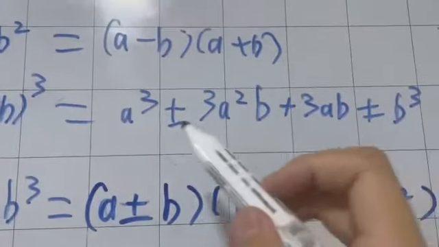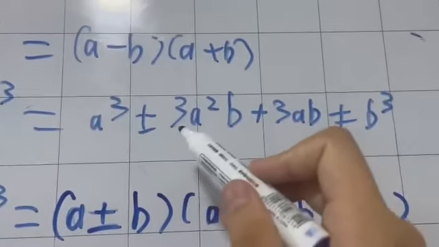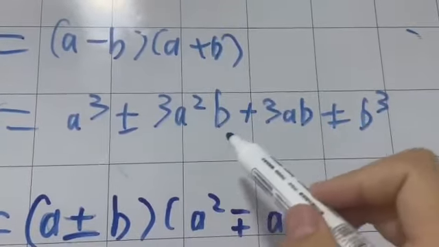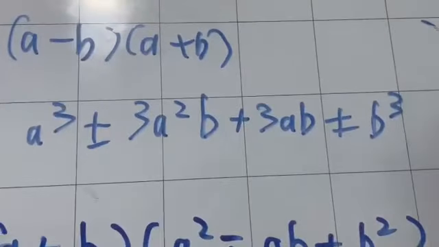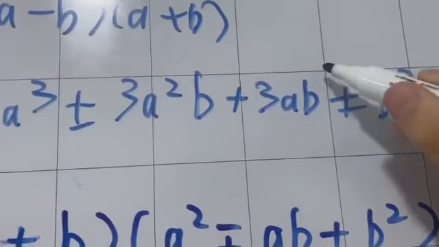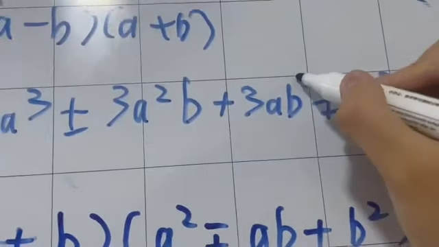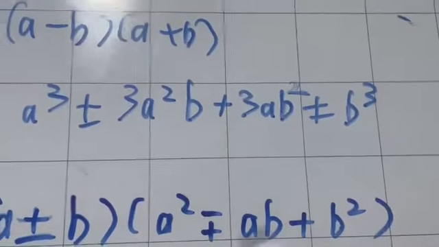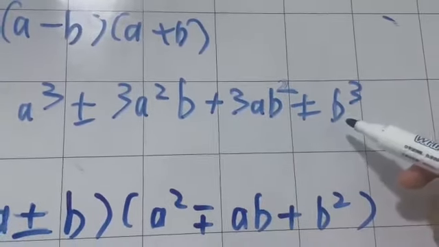And the third one, which I think might be new to some of you, is that (a plus or minus b) cubed is equal to a cubed plus or minus 3a squared b plus 3ab squared plus or minus b cubed.